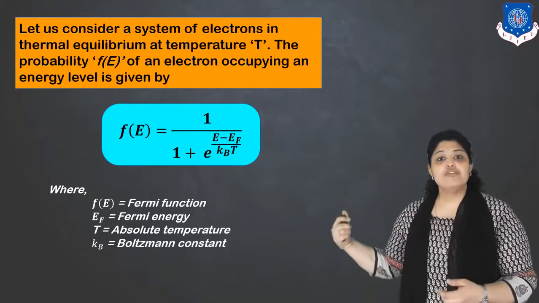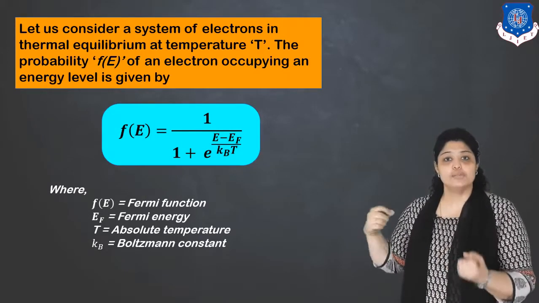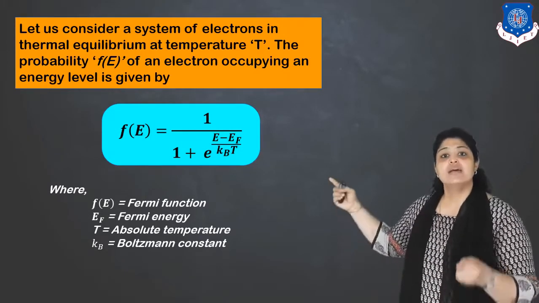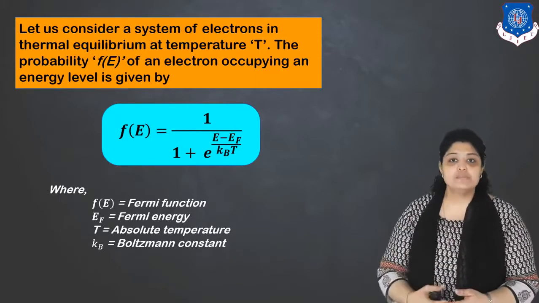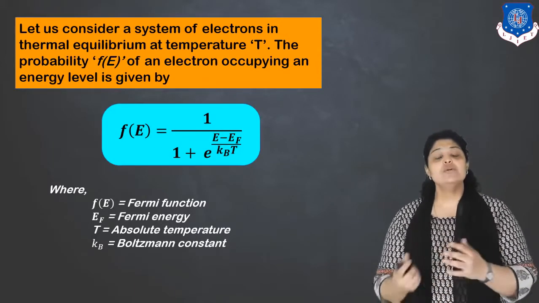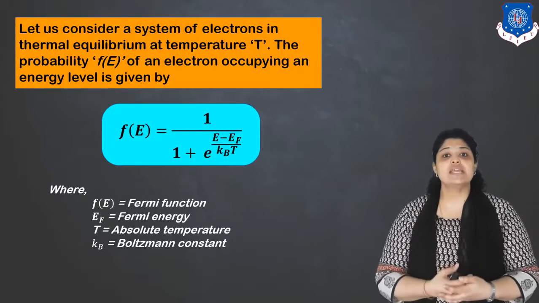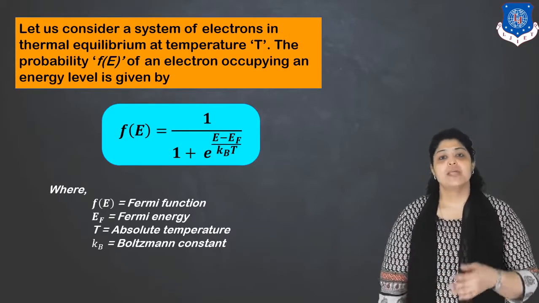Here the term f of E means the probability function, you can say the probability of occupancy. The term EF here means Fermi energy. kB is the Boltzmann constant and T means absolute temperature. The value of the Boltzmann constant is 1.38 into 10 raised to minus 23 joule per Kelvin.